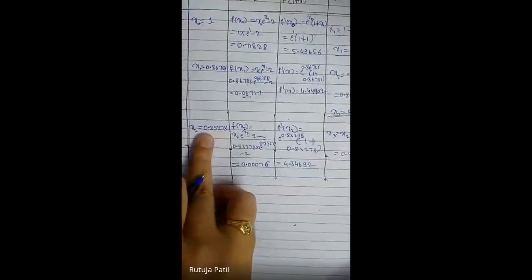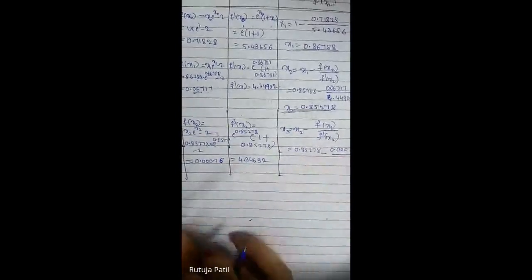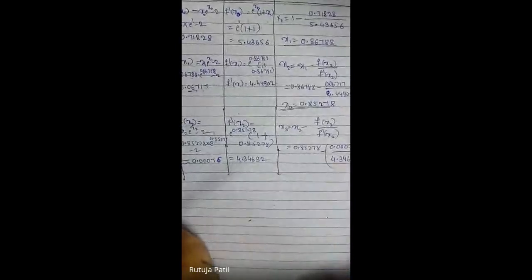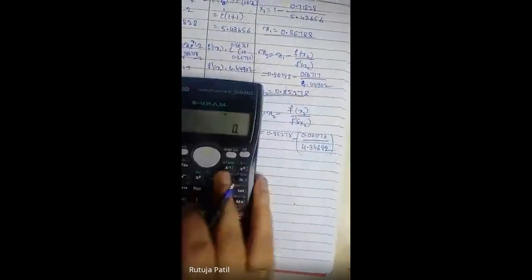See, this is our x2, 0.85278. 0.85278 minus f of x2, which is this one, 0.00076, divided by f dash of x2, which is this one, that is 4.34692.